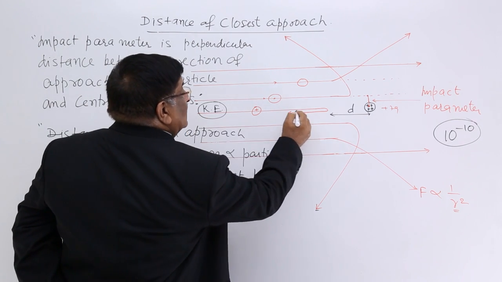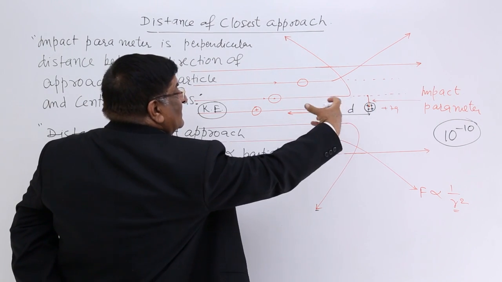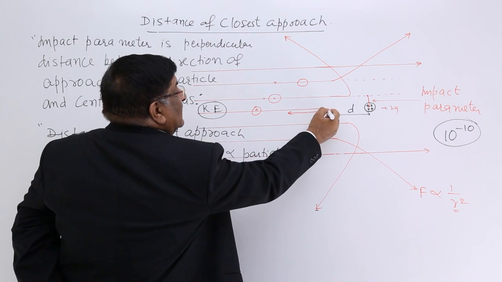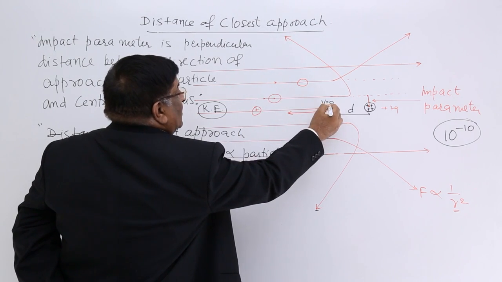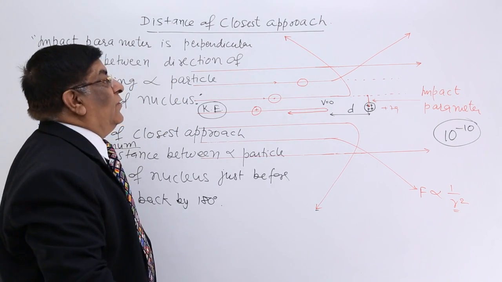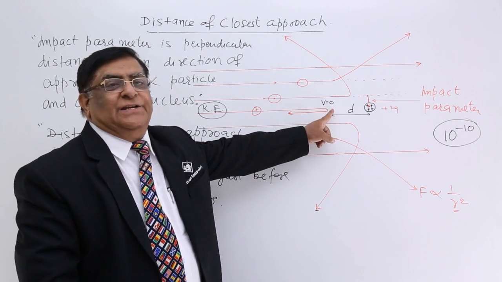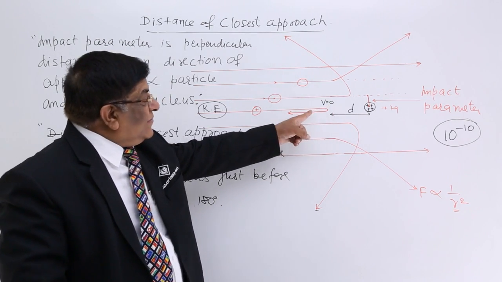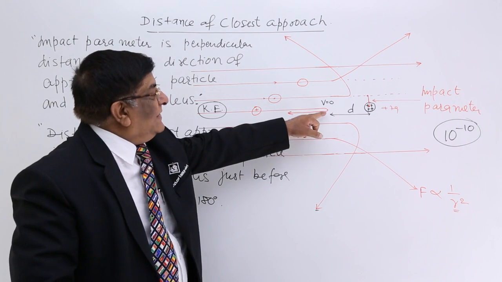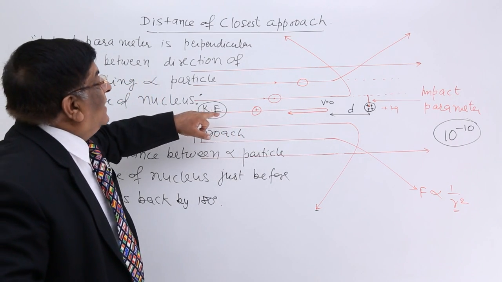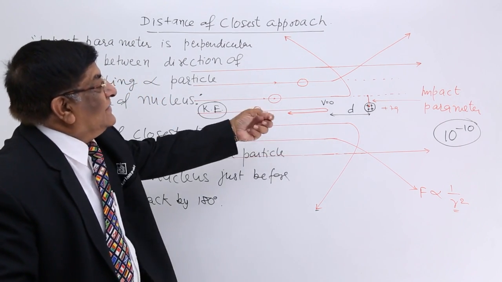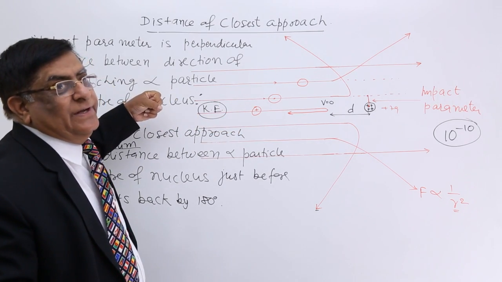Now on this path, because of the continuous force of repulsion, here its velocity becomes 0, the kinetic energy becomes 0. Where has it gone? Answer, it is converted into potential energy. And then when it returns back, that potential energy is again converted to kinetic energy, and the speed goes on increasing.